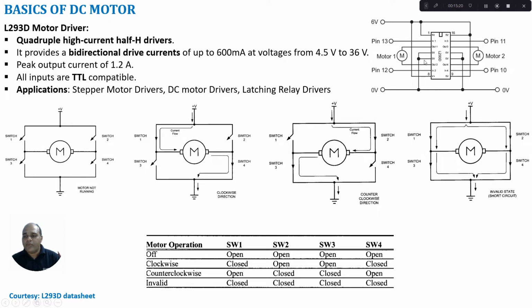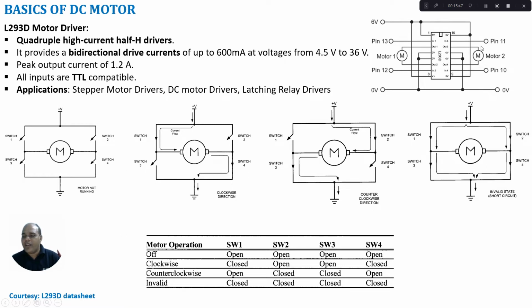And I can enable. We have an option of enabling motor 1 alone, motor 2 alone, or I can enable both the motors. The enable signal for motor 1 is pin number 1. If I want to enable motor 1, then I need to give 5 volt to this enable signal.